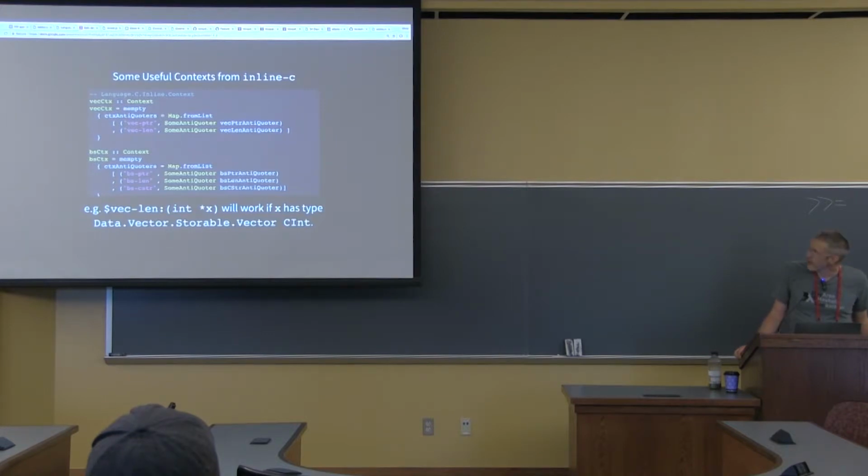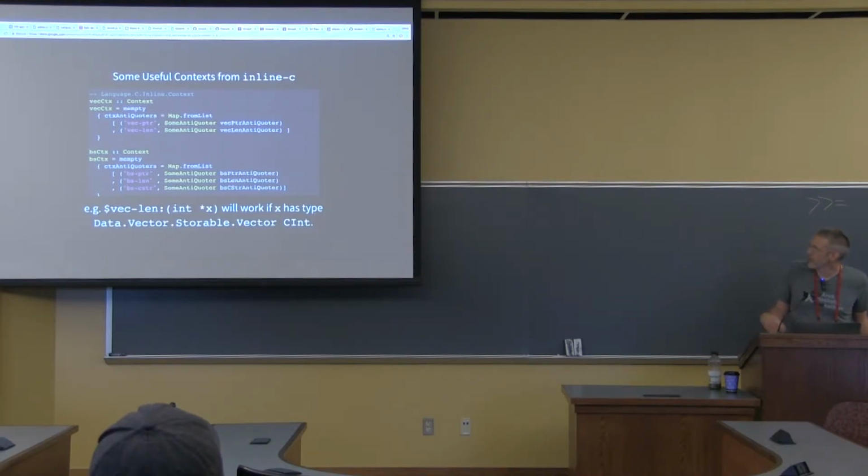Byte string context and byte string pointer serve analogous purposes. In the byte string case, you don't actually have to define what it's pointing to the way that you do with vectors, like at the bottom there. It'll always point to a pointer to char. And that makes sense.